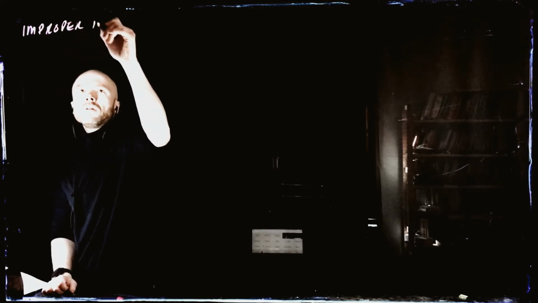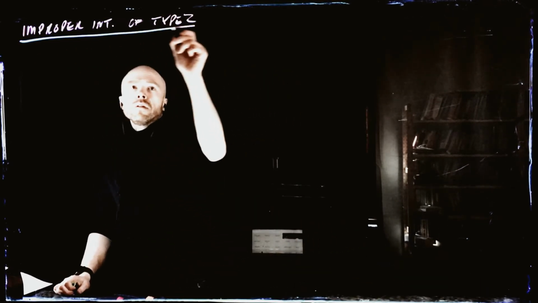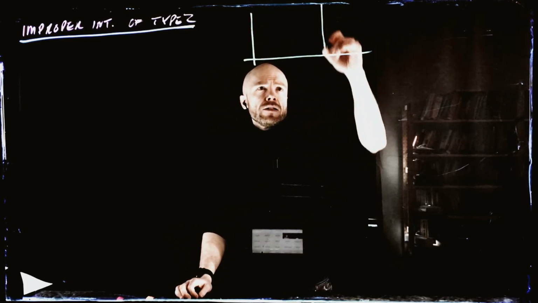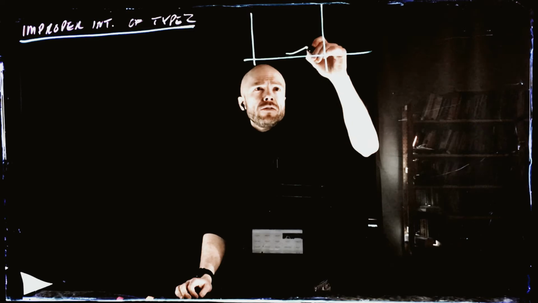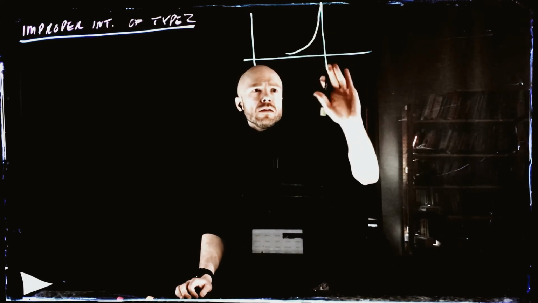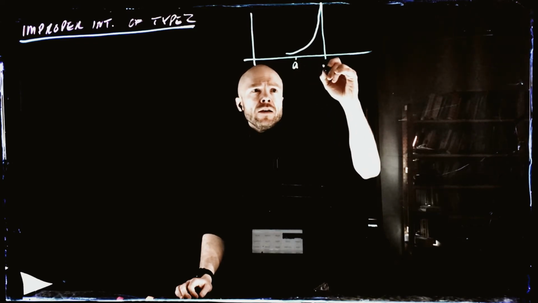Okay. So, improper integrals of type 2. This is where we have a vertical asymptote somewhere. We want to find the area underneath the graph as we integrate from whatever number a up to the vertical asymptote.